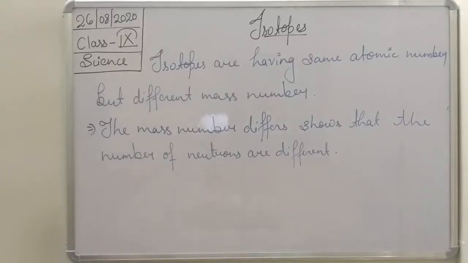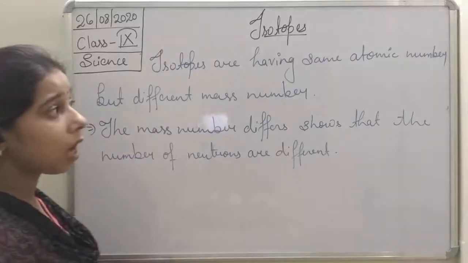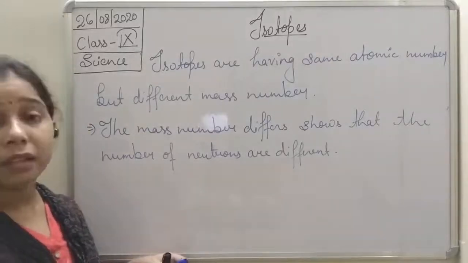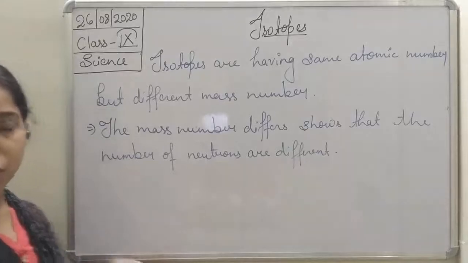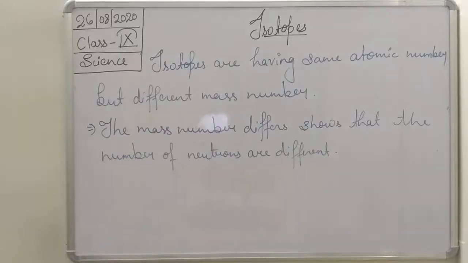Okay, so we can define isotopes: isotopes are those having a different number of neutrons. Okay, so we can write it.